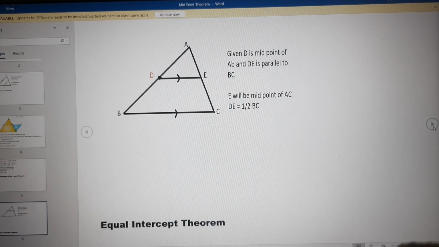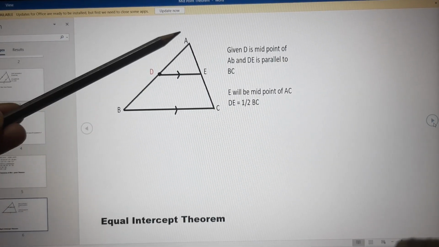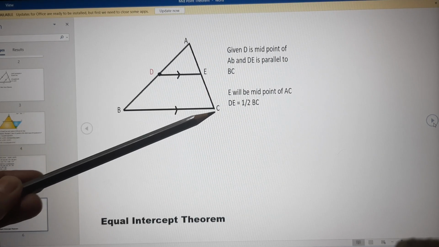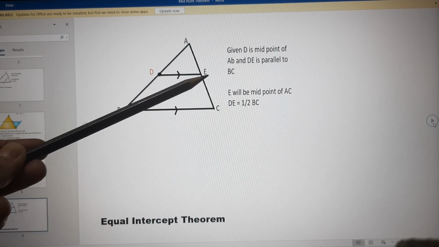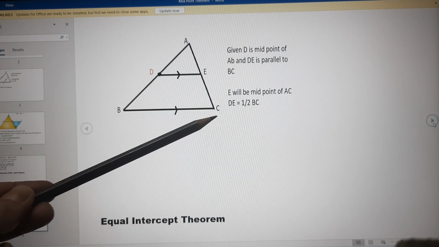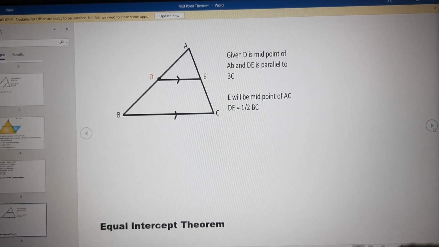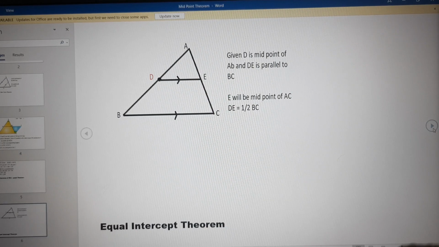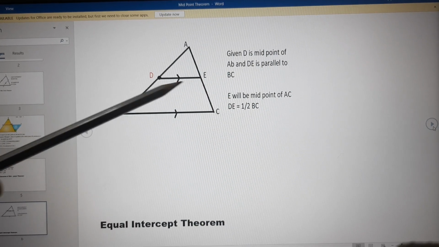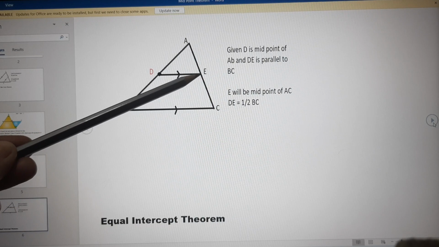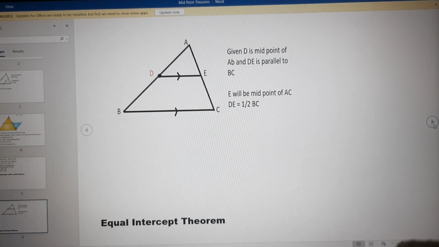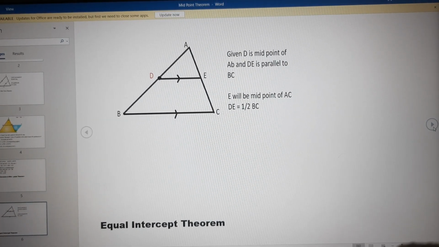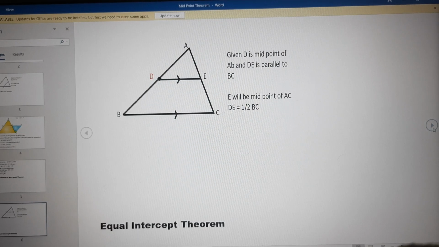By converse of midpoint theorem, we can say that E will be midpoint of AC and DE will be half of BC. This is the converse of midpoint theorem. We use converse of midpoint theorem when we have to prove that a particular point is a midpoint of a line segment. When it is not given that it is a midpoint and we have to prove it, then we use this theorem.